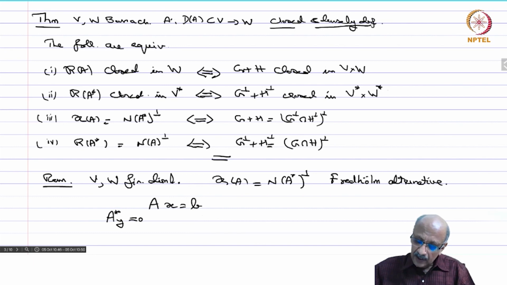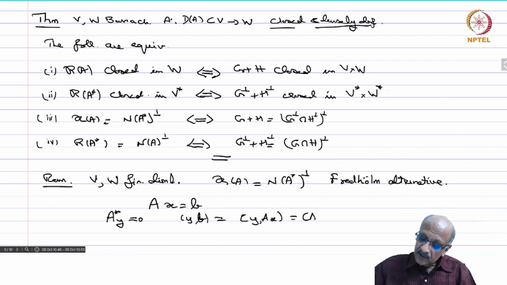Then if you take y, Ax, so take the inner product y, b, this is y, Ax, by definition this is A star y, x. Here the duality bracket is the same as the inner product in finite dimensional spaces, and then this is 0.